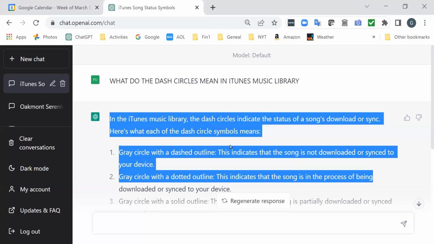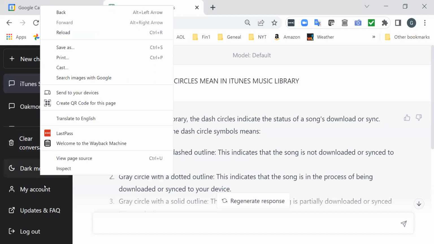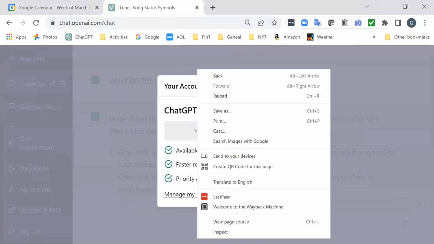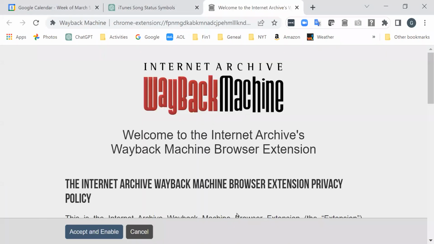Well, let me do that because it's interesting for anybody who doesn't know it. By the way, I'm paying $10 a month, so they may have raised the price. Oh, come on.